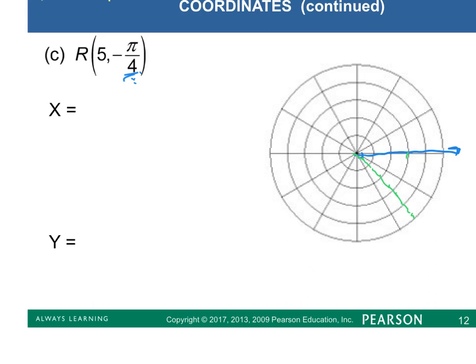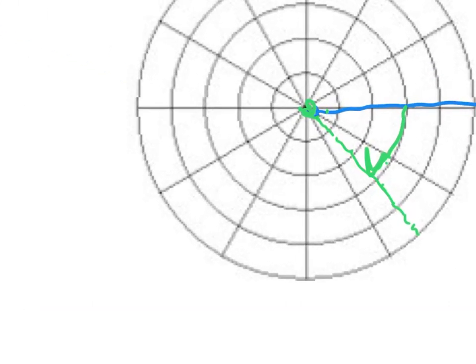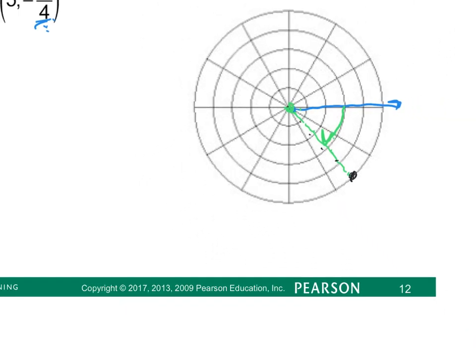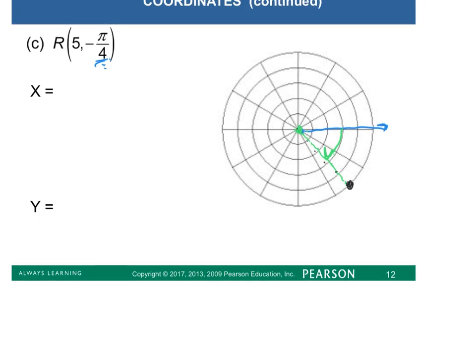So I go open this way and start at the pole and realize I'm going to go that direction towards where I opened up because it was a negative angle. So I'm going to go down 5. If I can get down there, let's see. 1, 2, 3, 4. Oh, it's way out here on the rim. There's the point. There's my point. 5 comma -pi over 4. That's my point R.